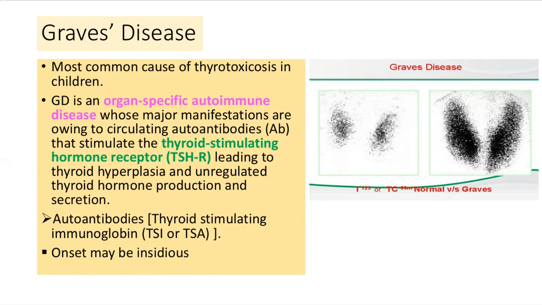In these cases we find autoantibodies, thyroid-stimulating immunoglobulin, TSI, or TSA, thyroid-stimulating antibody. So this is the radioactive uptake of iodine. This is the normal, and this is increased uptake in Graves' disease.